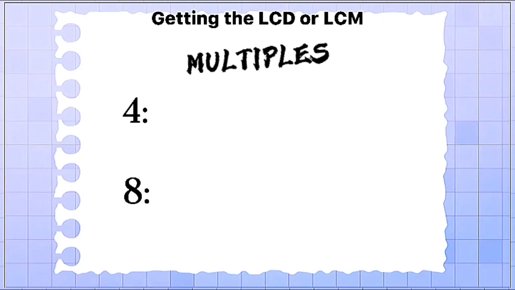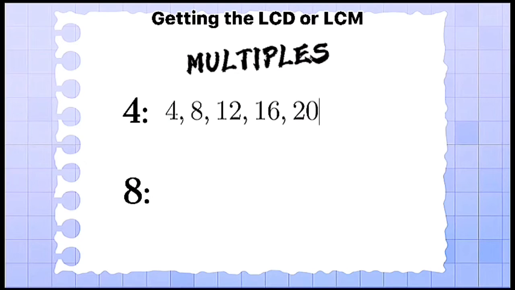The multiples of 4 are, let us start with 4, followed by 8, followed by 12, followed by 16, followed by 20, and so on.